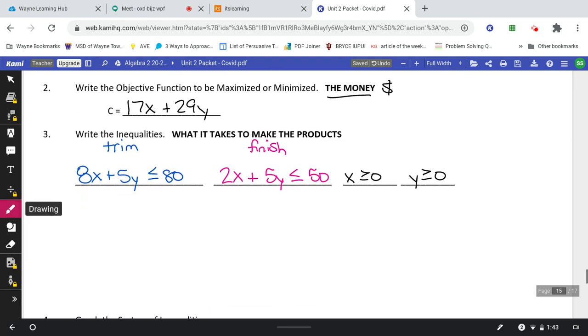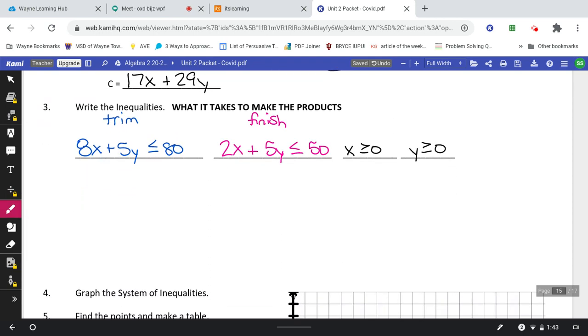Now what's going to happen next is you are going to solve these for y. Let's work with our trim equation first, our blue equation. I'm going to subtract 8x, bring down the 5y, keep your unlike terms separate, then divide by 5.